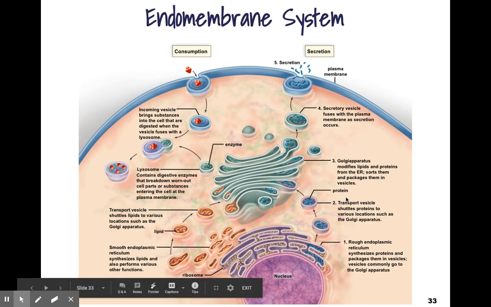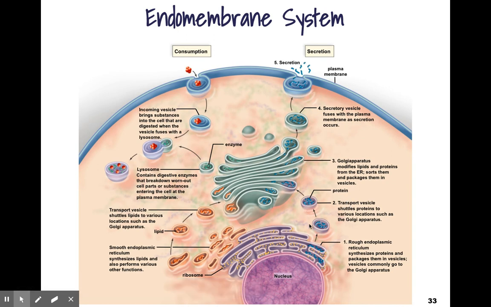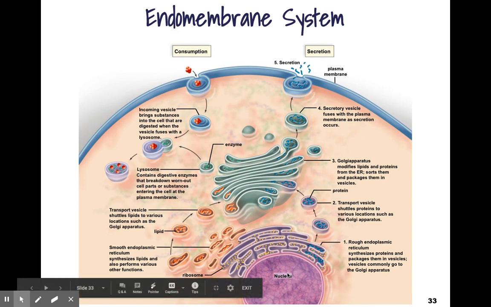Here's that picture once again. So let's go through it one more time. Here's our nucleus. Information from the nucleus leaves the nucleus in the form of mRNA. mRNA attaches to a ribosome, which makes a protein. The protein gets shipped along the ER into a vesicle, okay?